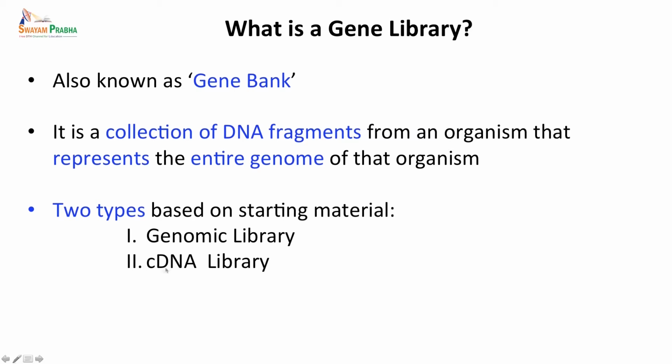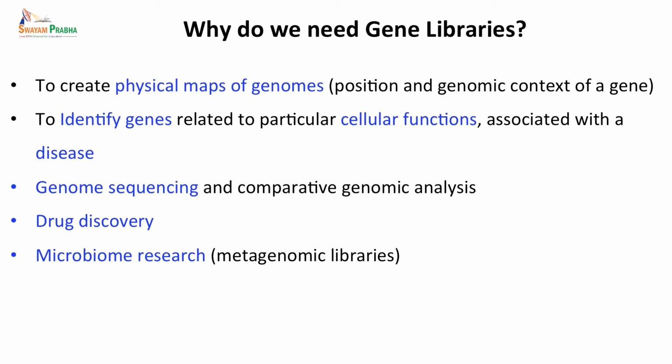And the second type is the cDNA library, where you isolate the RNA from an organism, convert it into complementary DNA or cDNA, and then prepare the library. So let's now discuss in detail these two types of libraries. But before we do that, we have to understand what are the questions that require one to create a gene library in the first place.